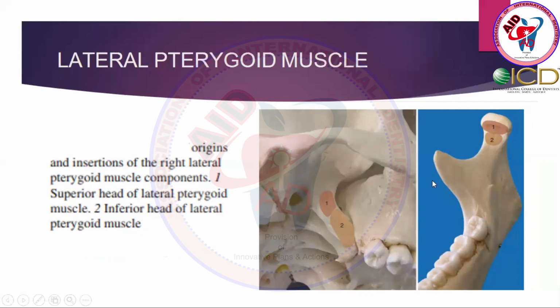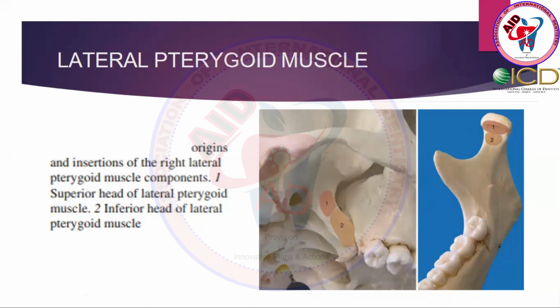So two is attached in the inferior level, while one is attached on the superior level. That means the disc is more oriented toward the superior movement, while the anterior movement of the mandible is done by the greater portion, the lower head of the lateral pterygoid muscle.